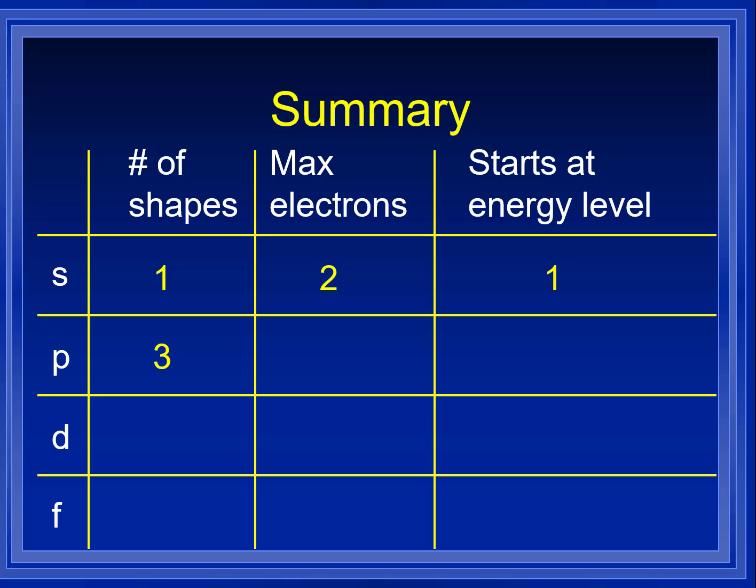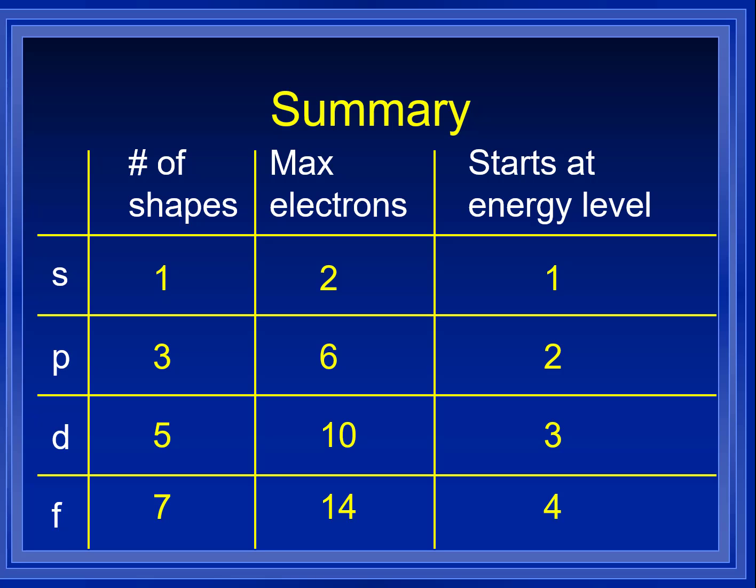Maximum number of electrons? 6. Yeah, 2 for each, so that's 6. And starts at energy level number 2. D? 5 shapes, 10 electrons, 3. F's? 7, 14, 4. Okay, now, we're only going to need up through the f orbitals.